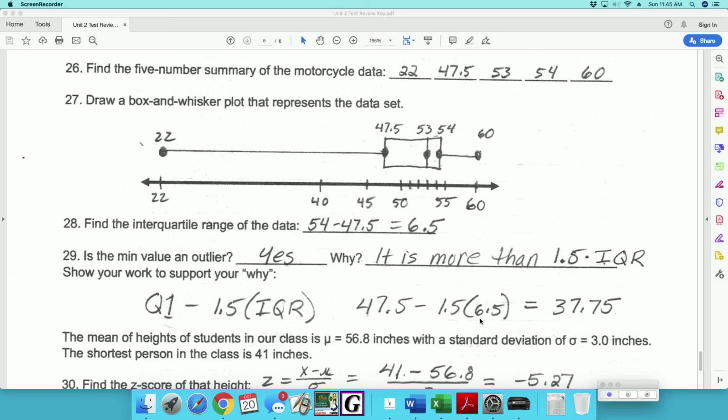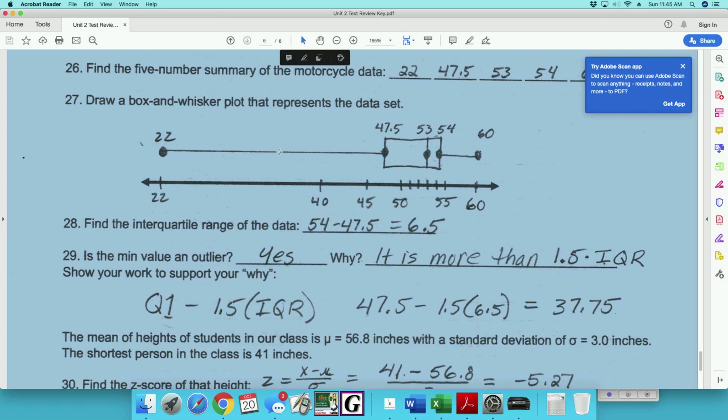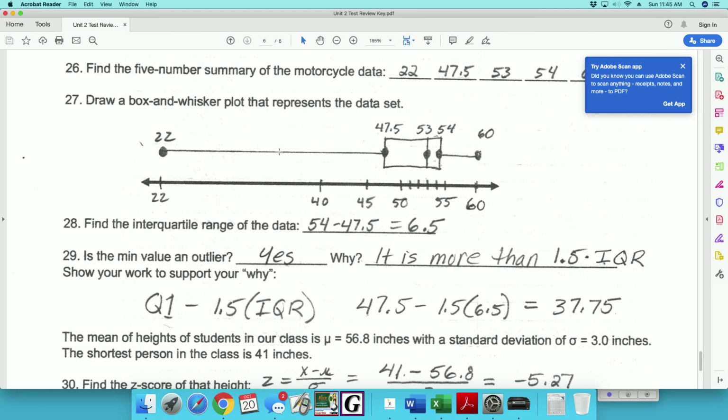We just calculated that. It's 37.75. So 37.75 is somewhere around here. 22 is way beyond 37.75. So yes, 22 is a possible outlier, and it's because it's more than 1.5 times IQR beyond quartile 1.